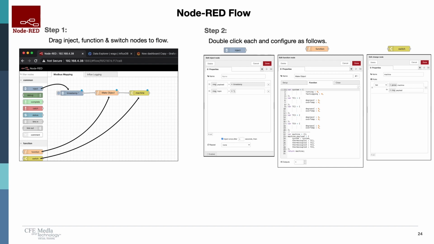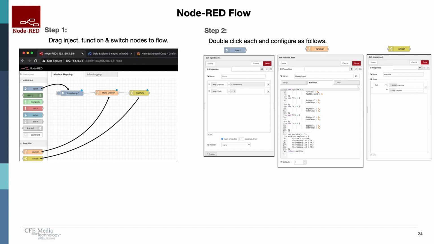Those will have the degrees in Celsius as well as an overtemp flag, which we can use for alarming. Then we're going to assemble that into a larger object, which has system and thermocouple 1, 2, 3, and 4, each of those objects that we created previously. And finally, we'll return that into the payload that we're going to be sending on.